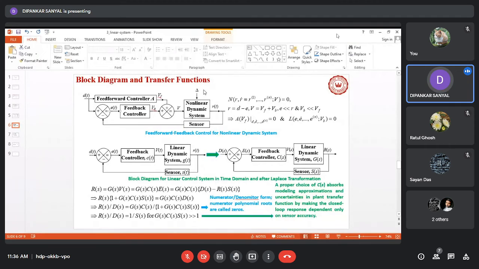The nonlinear system could be open to outside disturbance as well, and that will influence the response. The objective is to obtain a response that is close to this demand, and what is being achieved is measured by the sensor and fed to the feedback controller.